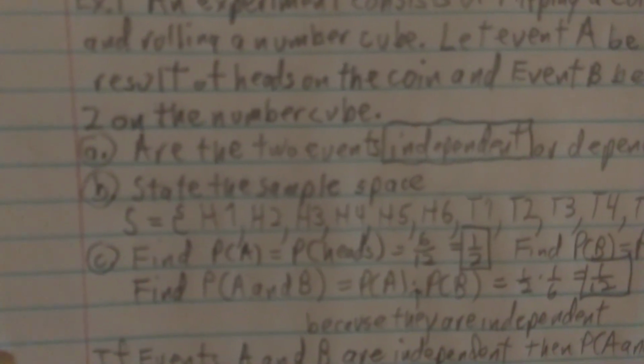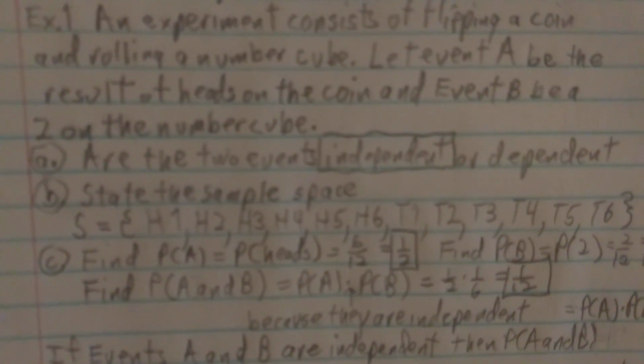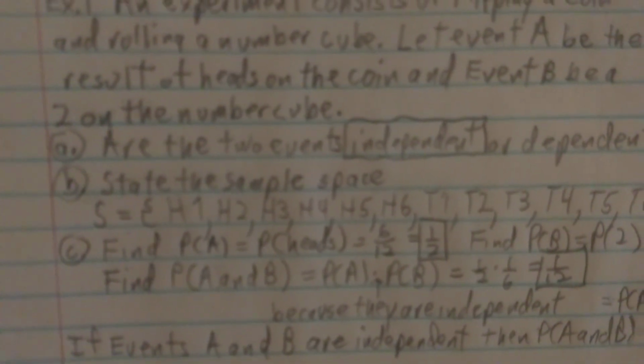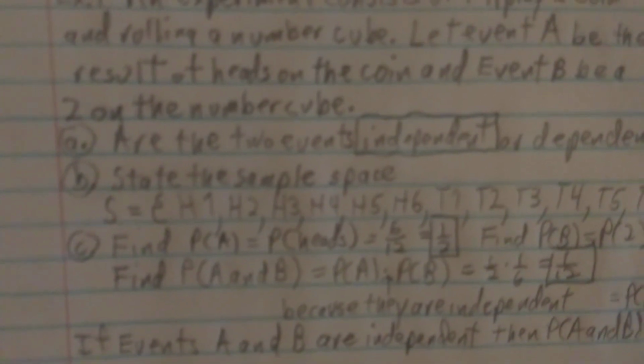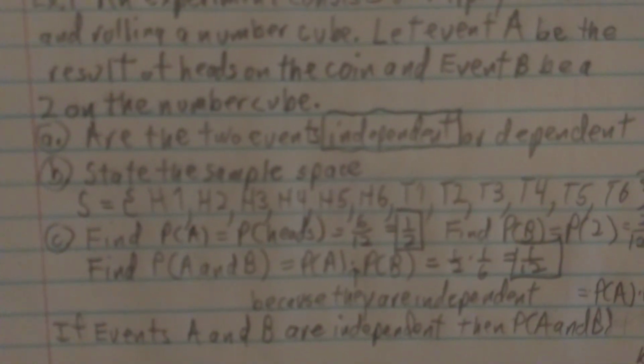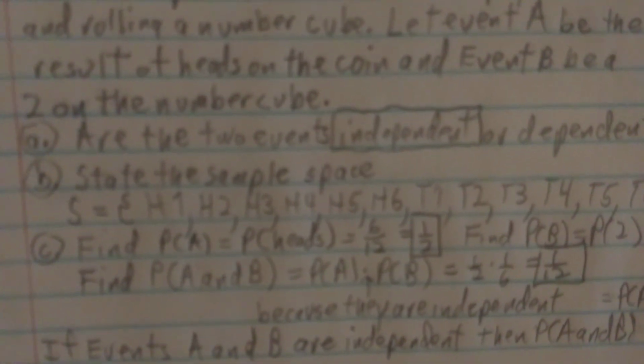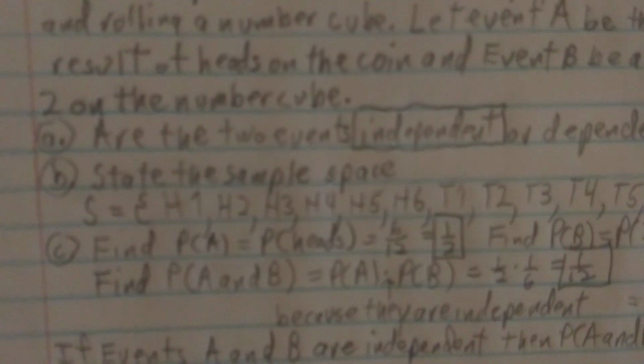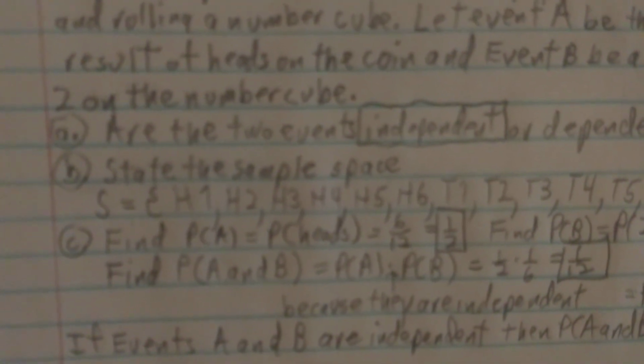Part A, are the two events independent or dependent? Well, clearly they're independent because the coin you're tossing and the cube you're rolling don't have any connection whatsoever. Next, part B is to state the sample space, which is to state every possibility that could happen. How many things could happen? You could have 6 rolls on the cube times 2 flips of the coin.